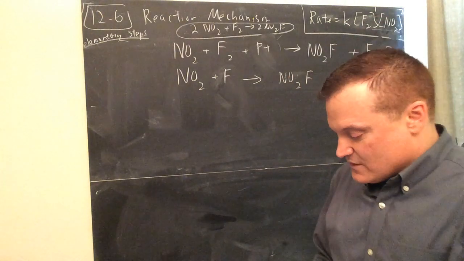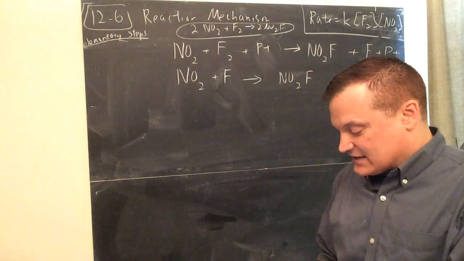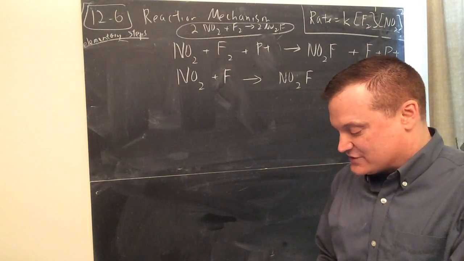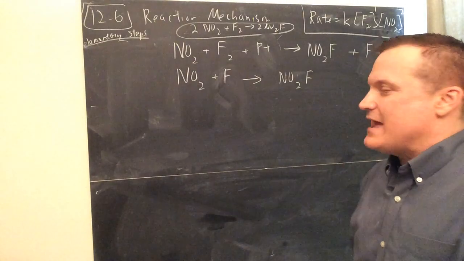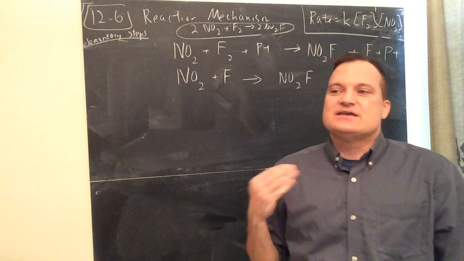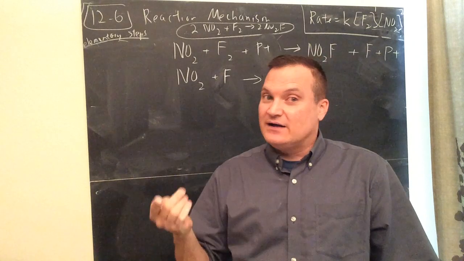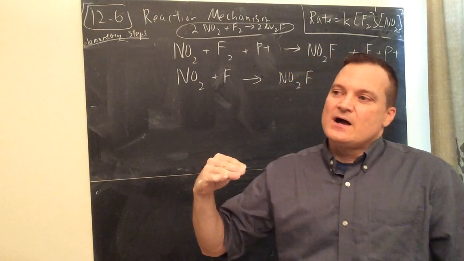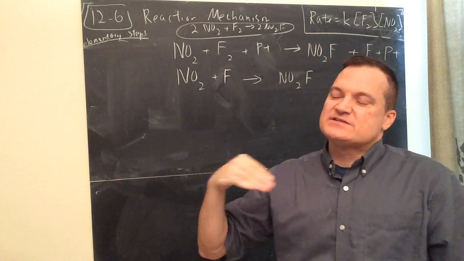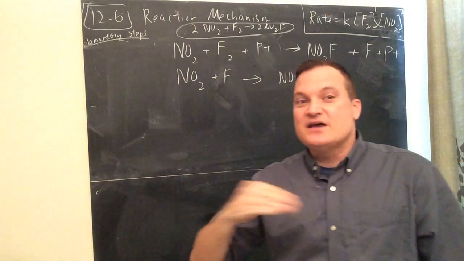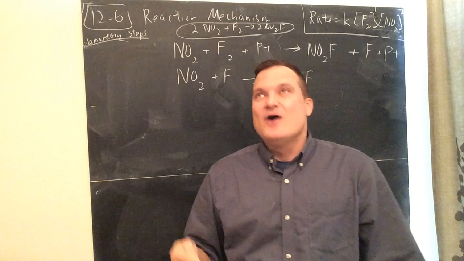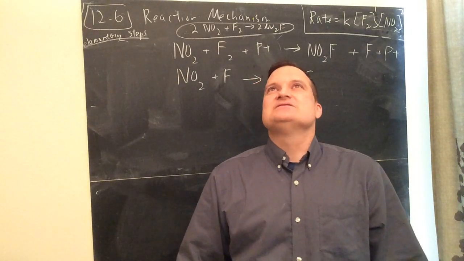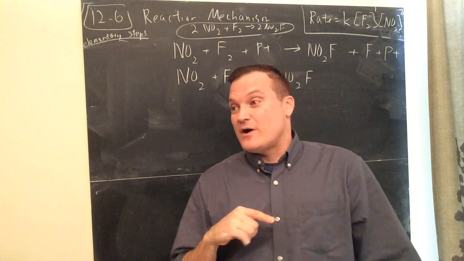It says, which species acts as a catalyst in this reaction? And justify your answer. Okay, a catalyst is a substance. It can be a solid, a liquid, or a gas. That chemical speeds up the reaction, but it doesn't actually take place in the... well, how do I want to say this. It's not a reactant or a product.